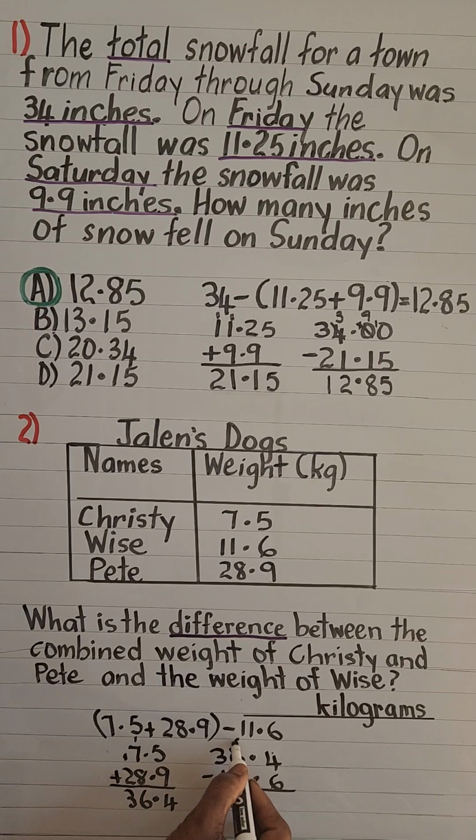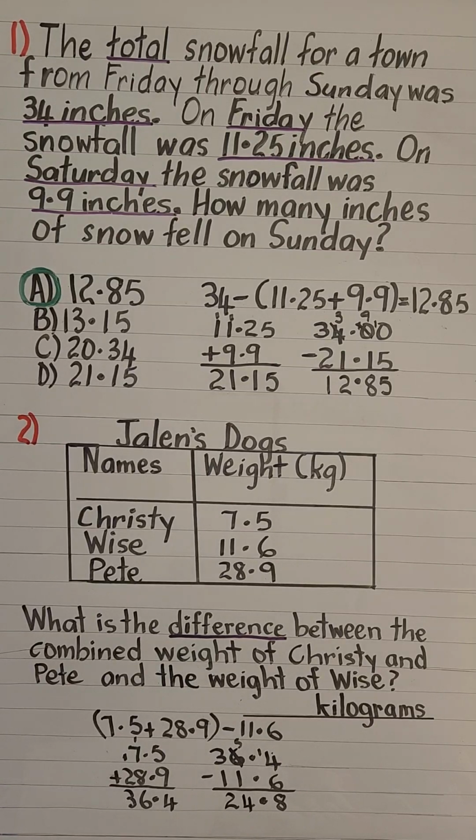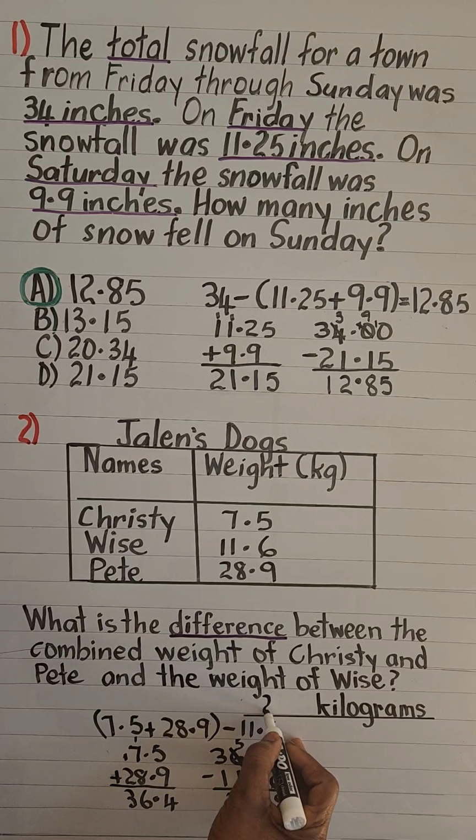Borrow 1 leaves 5. 14 take away 6, 8. Line up your point. 5 take away 1, 4. And 3 take away 1, 2. So the difference between the combined weight of Christy and Pete and the weight of Wise is 24.8 kilograms.